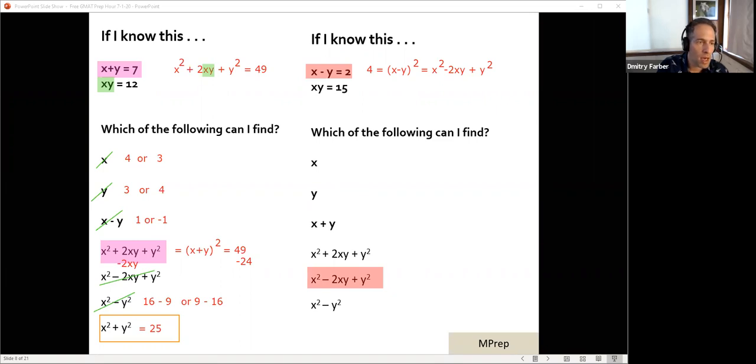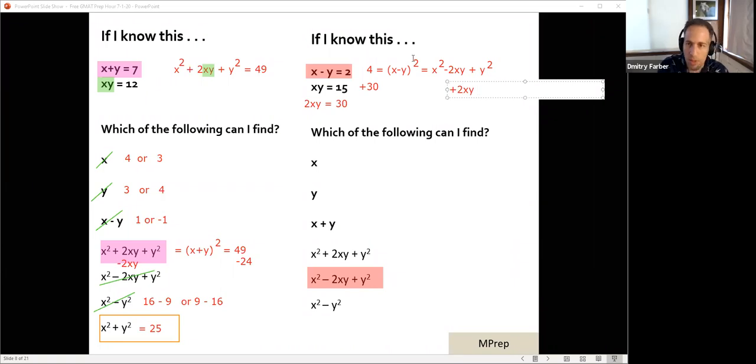Now, I'm also seeing, hey, 2xy is 30. So if I know 2xy is 30, similarly to before, I could add 2xy to both of these and figure that out, right? So if I knew 2xy is 30, just double that, then I could add 30 here, and I can add 2xy here.